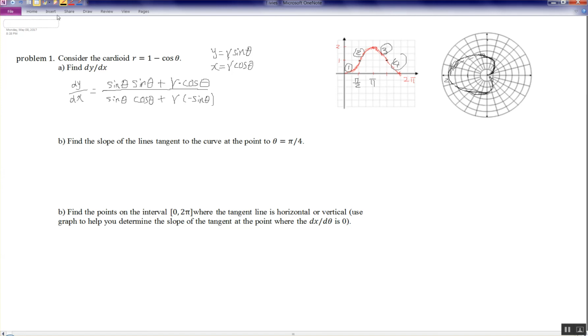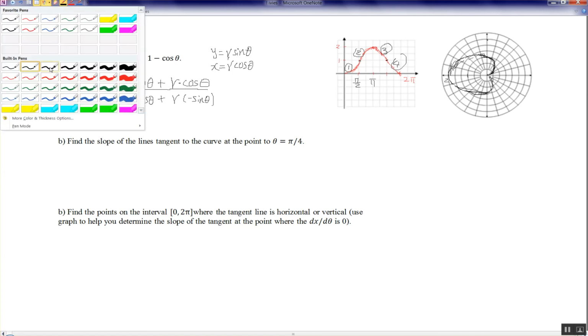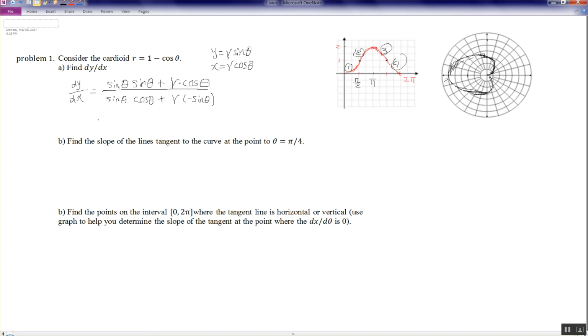So this is our derivative. Now let's continue to simplify. Here I'm going to replace this r with 1 minus cosine theta, and this r is also 1 minus cosine theta.